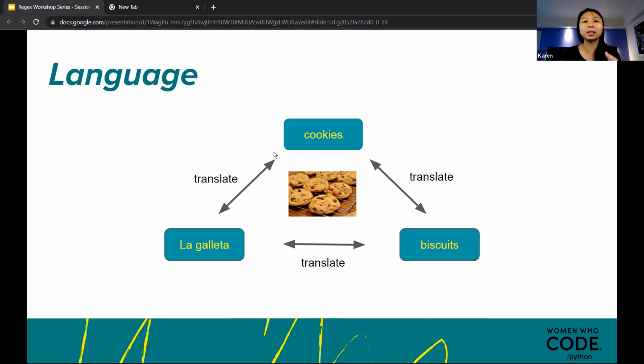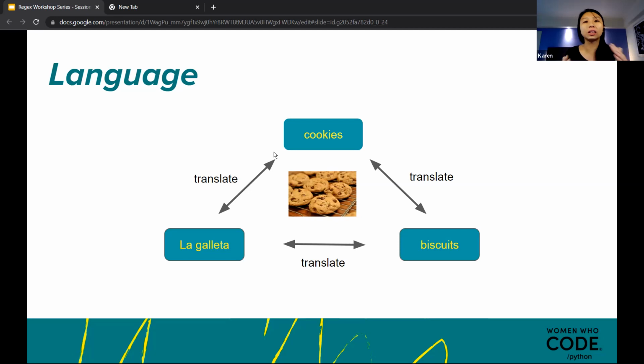So we all see a picture of a cookie, we understand this is a cookie, and we accept that this is what we call it. Between languages, there are many different ways to say it.